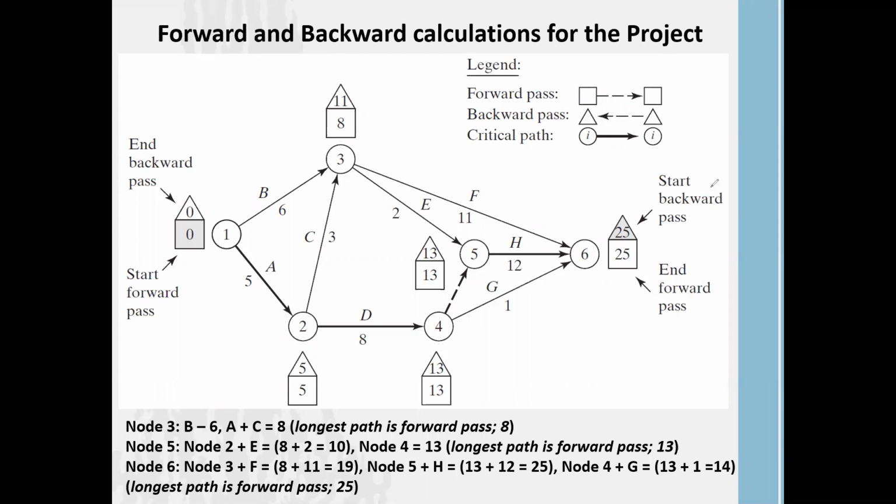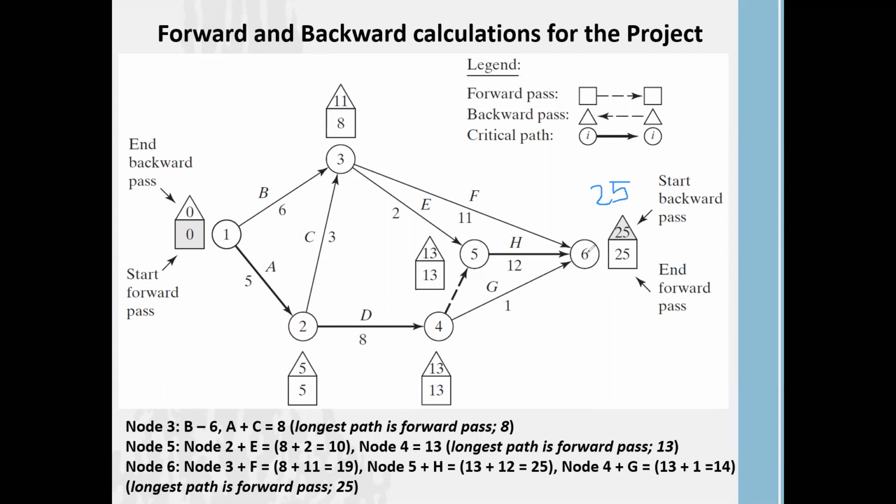Backward pass starts with the ending point of the project. Here at the ending point, we know that it consumes 25 weeks to complete the project. Now we are trying to find out, when we go back to the starting point, what will be the time consumed by activities from each node.